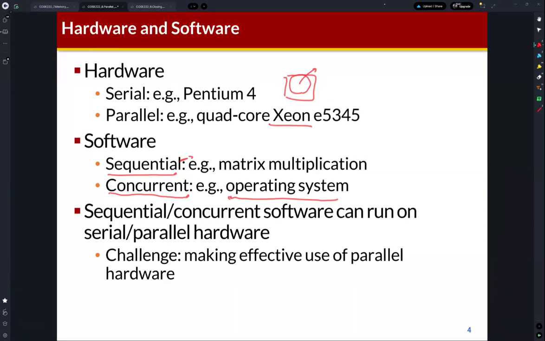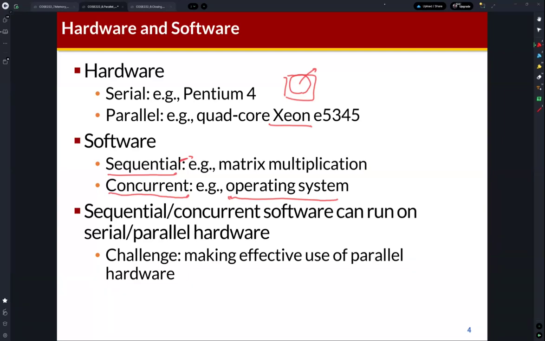So what does that mean? Using a parallel processor, we can improve the performance, usually the throughput of a computer system, right? But there are challenges, right?